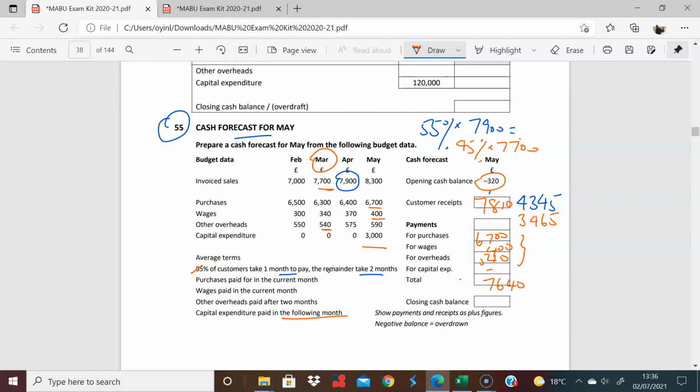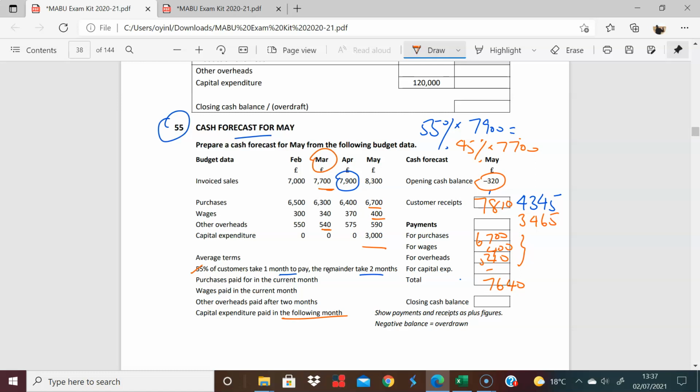So minus 320 plus 7,810 takes us to 7,490, right? Because this is starting off overdrawn.